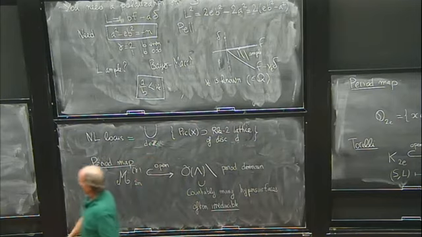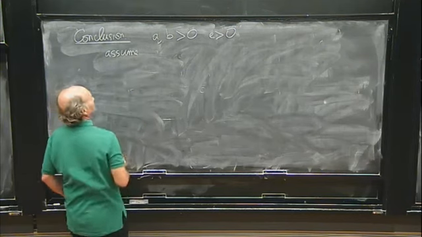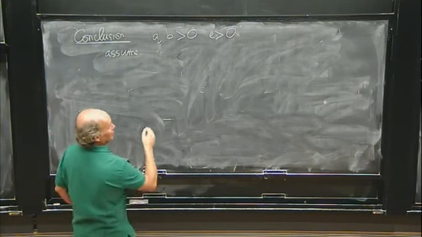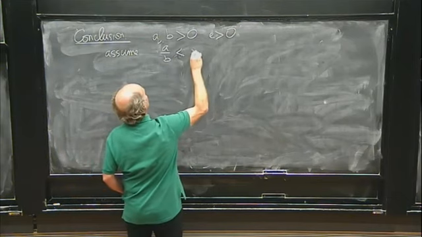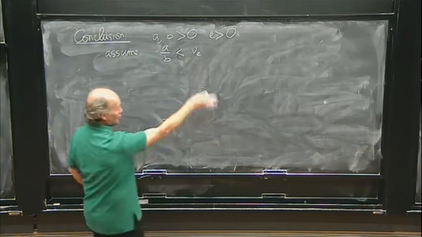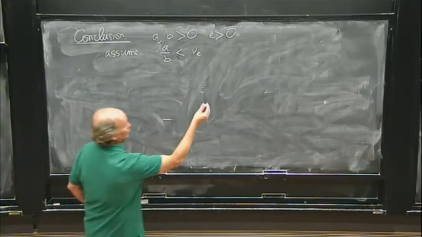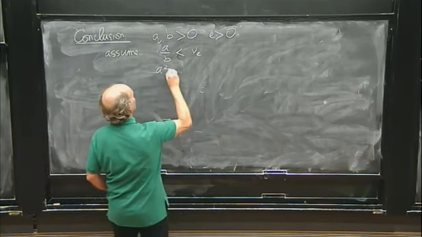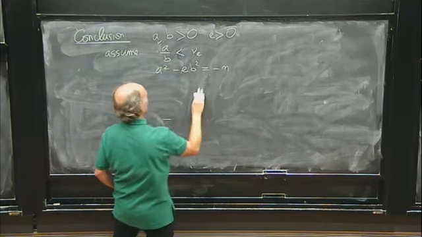Okay, so let me summarize that. So assume that you have this inequality. That's the slope of the ample cone. And so you can define the number n by this equality.